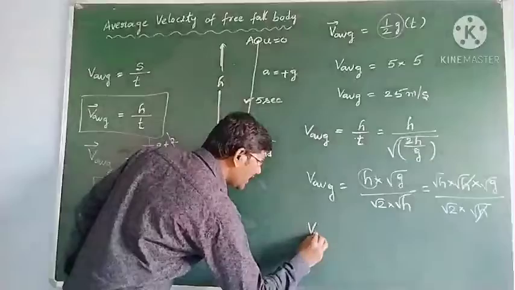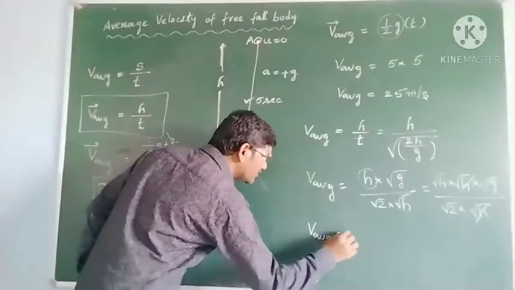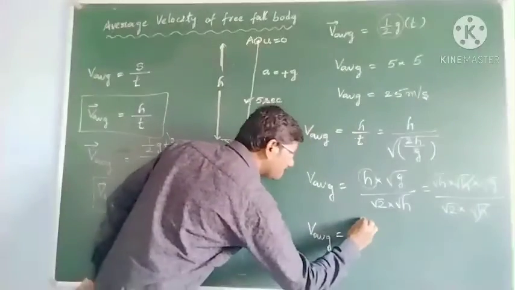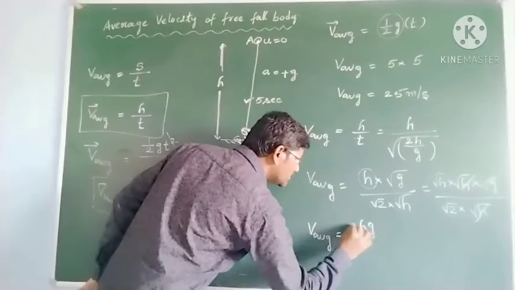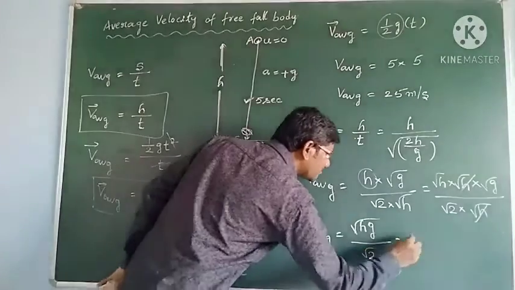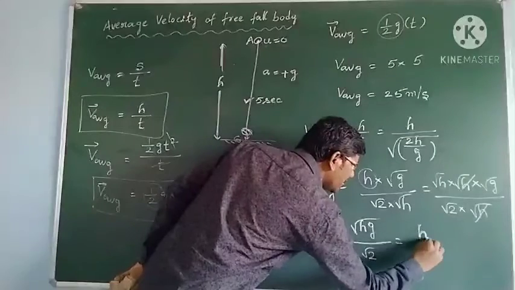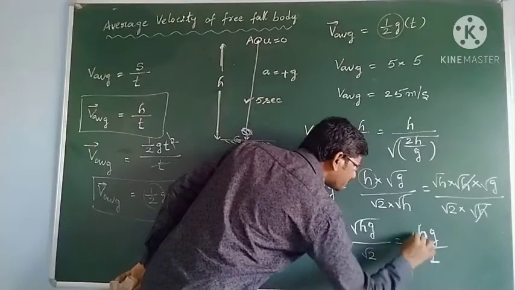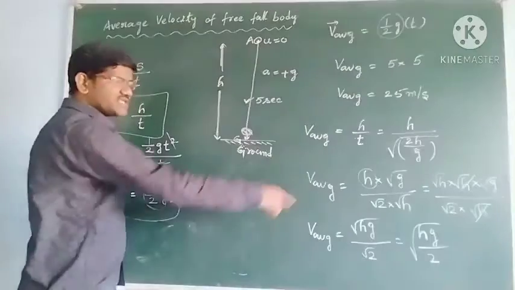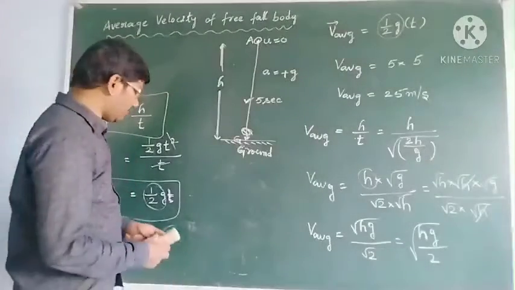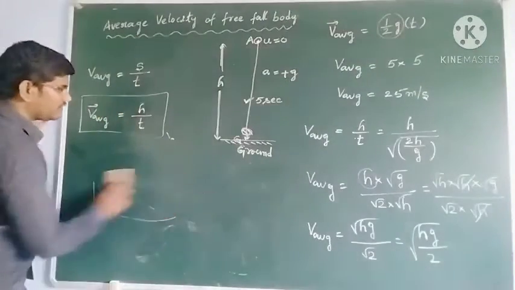Then V average is equal to root h into root g by root 2, so root hg by root 2. So average velocity will become root gh by 2 for a freely falling body. That is also one formula.